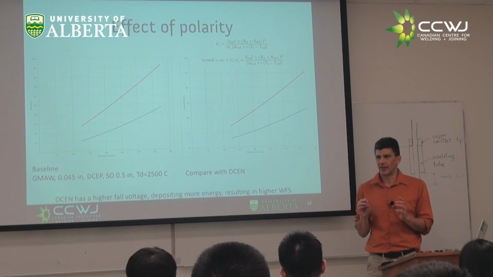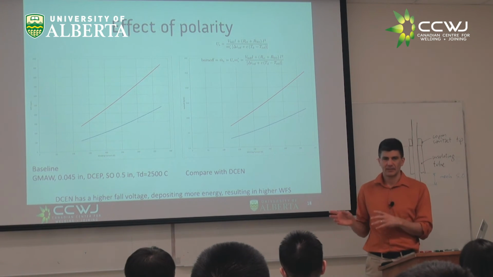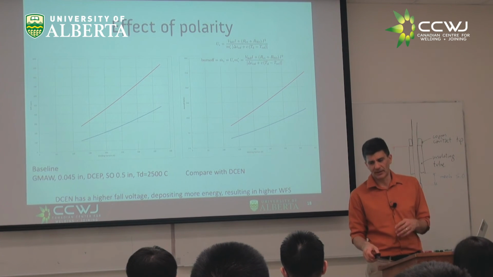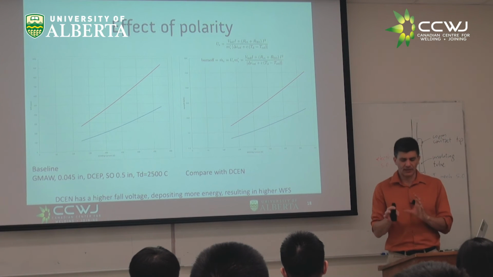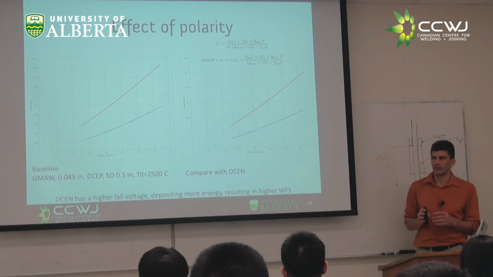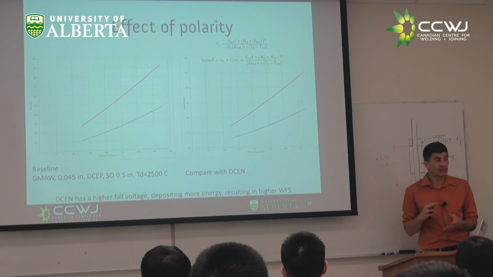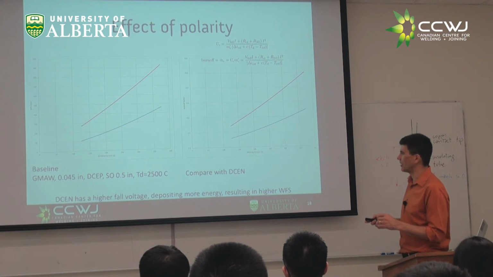So the cathode doesn't have a good attachment to the droplet, and the droplet is thrown to the sides, right? So you have like a very globular transfer that is very unstable. So people typically don't like using electrode negative outright. Yes, variable polarity, but not just electrode negative outright.